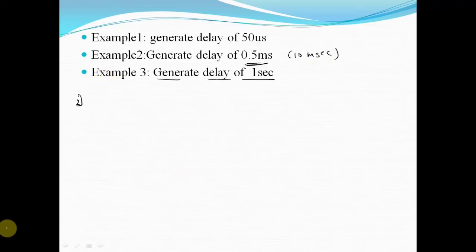So what are the steps for calculating the delay of 10 milliseconds? As I have explained, for a 10 milliseconds delay, first you have to divide that particular value by 1.085 microseconds. So this count comes out to be 9216.58.